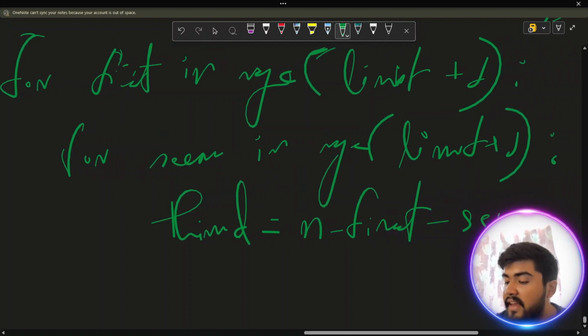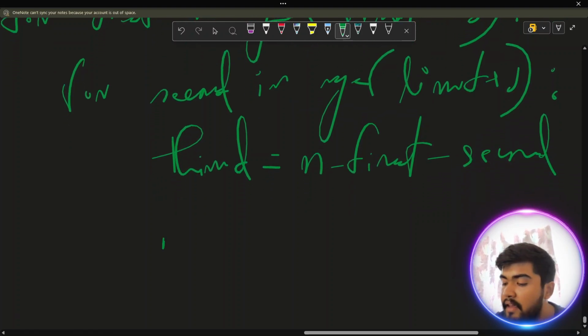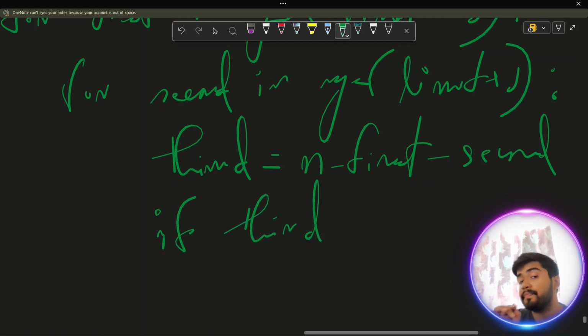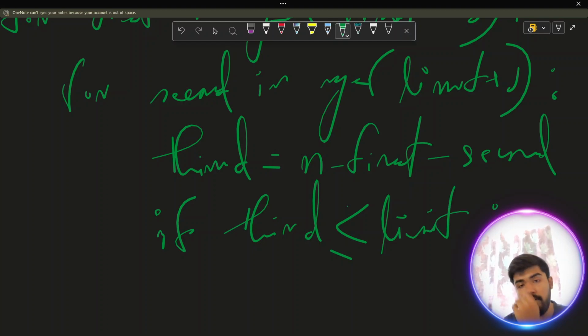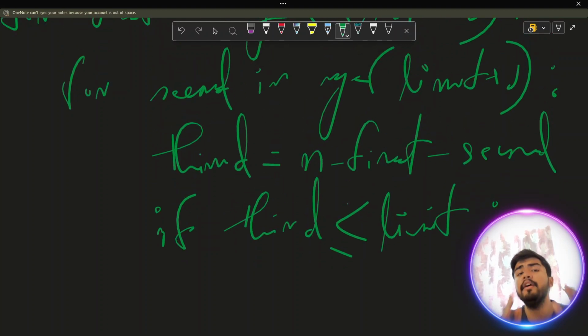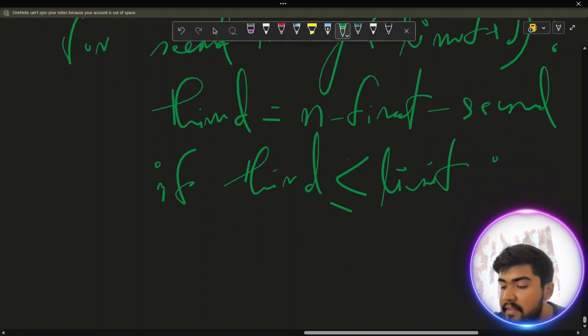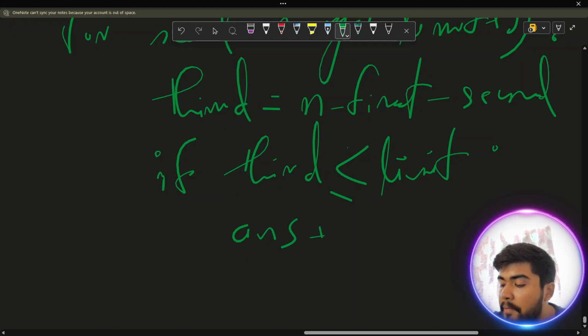And the condition now is that if my third is less than or equal to my limit, because first and second are already within the boundary of limit, then first, second, third is a valid combination. So I can do answer plus one here, and finally I can return.